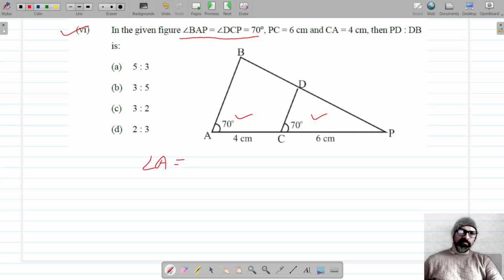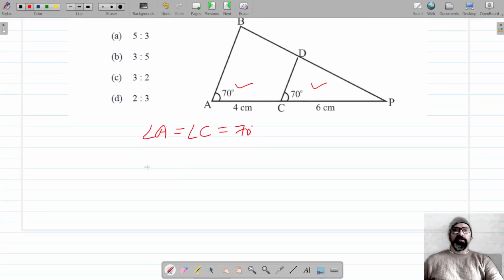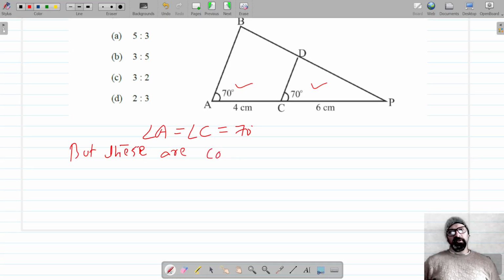So that means angle A is equal to angle C is equal to 70 degrees. When corresponding angles are equal, the lines are parallel.